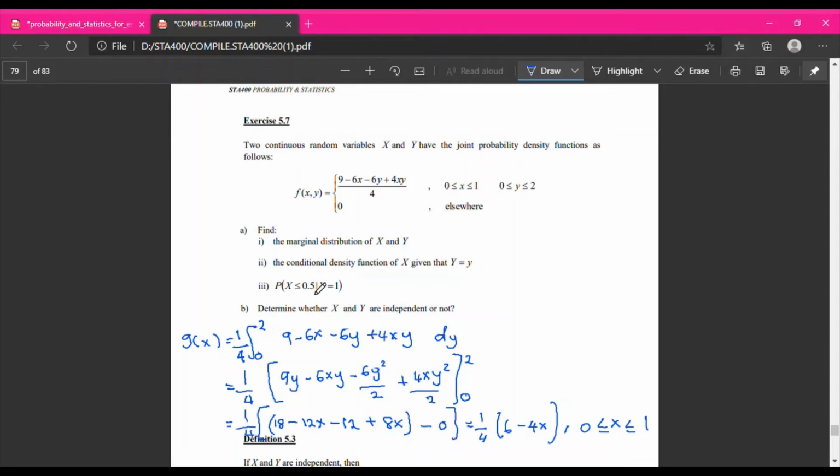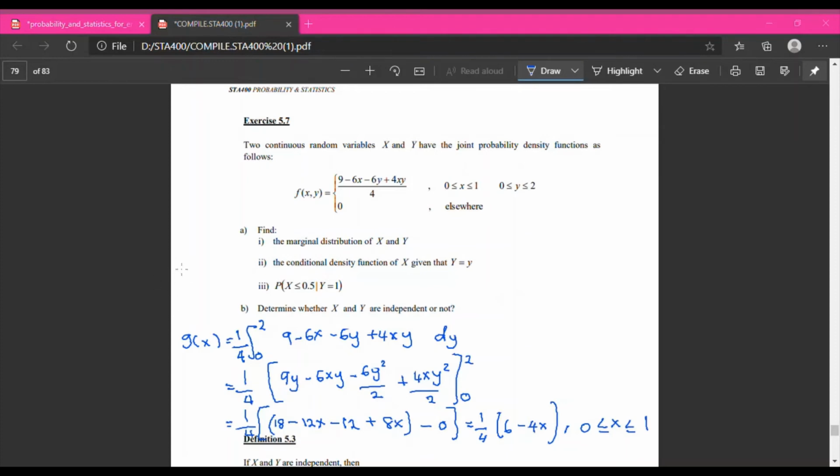So we have to find f(x) given y first. So we have the conditional function of x given y from before. We want the probability of x less than or equal to 0.5 given y equal to 1, so we need to integrate the function of x given y equal to 1 with respect to x.